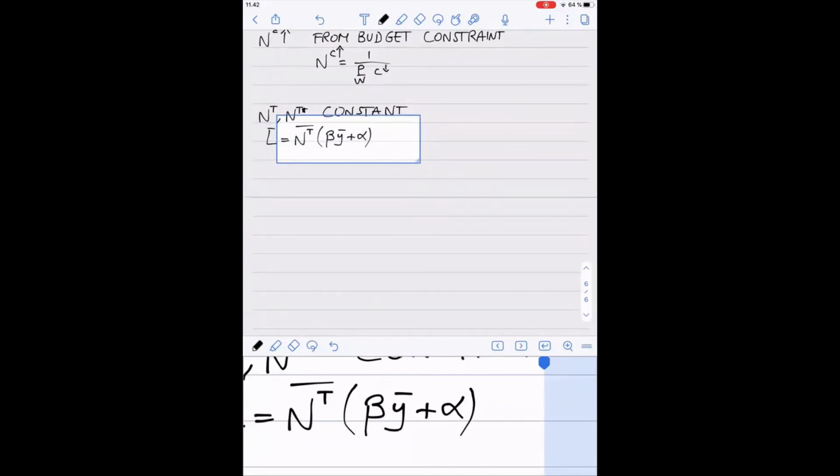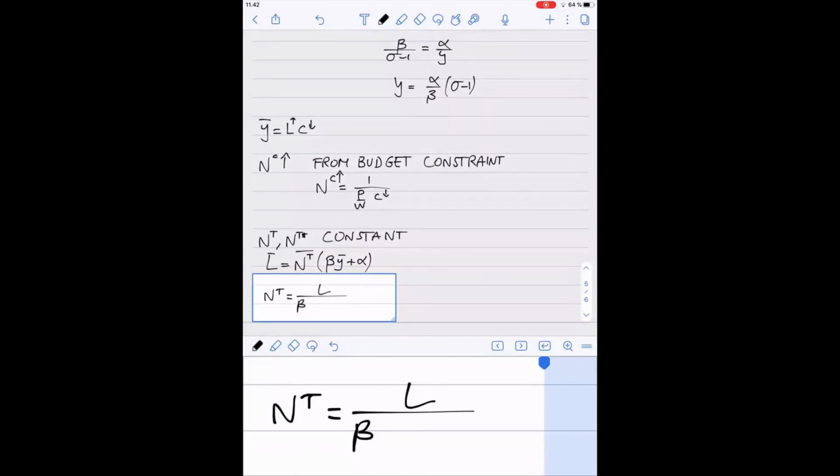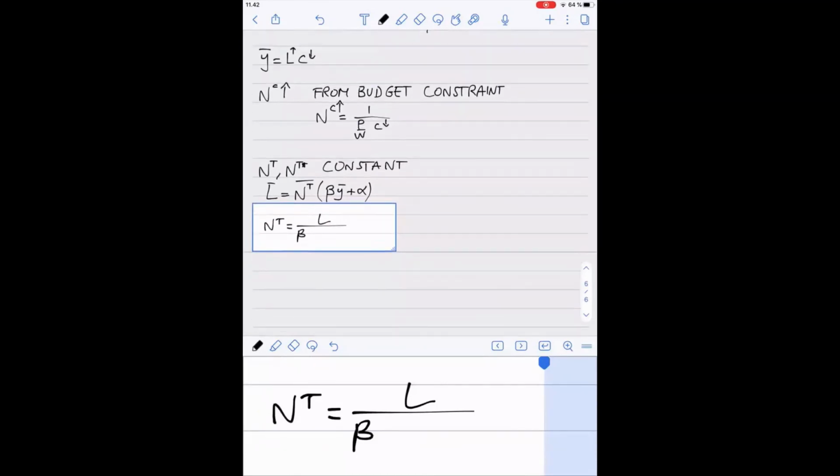You can actually solve for this and find that NT equals L over beta times Y plus alpha, with Y, which recall equals alpha over beta times sigma minus 1.